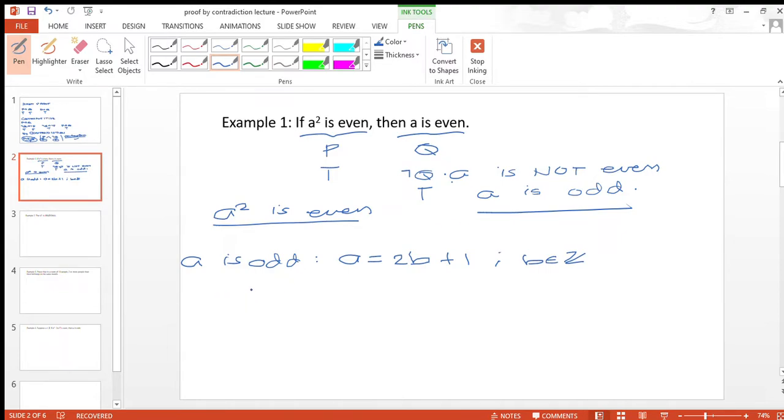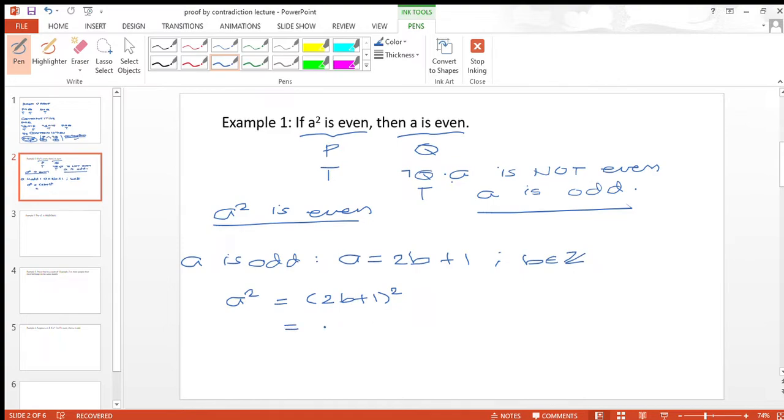So if A is 2B plus 1, then if we want now to consider A squared, it will be 2B plus 1 raised to 2. Why? Since A is 2B plus 1, then A squared is 2B plus 1, the quantity squared.